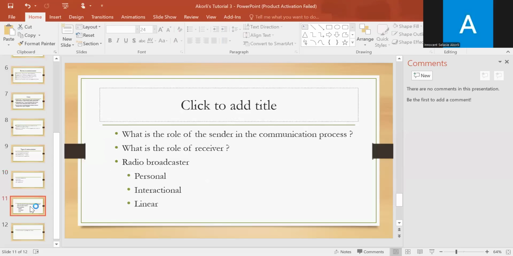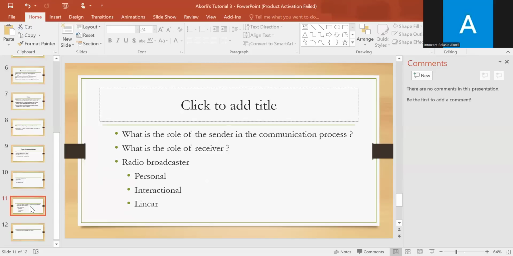Now, what kind of question are you expected to see in the exam? The questions are going to be objective tests as we had in the first semester. So the question is asked, and then we have alternatives A, B, C, D. For example, what is the role of the sender in a communication process? There could be many answers below.